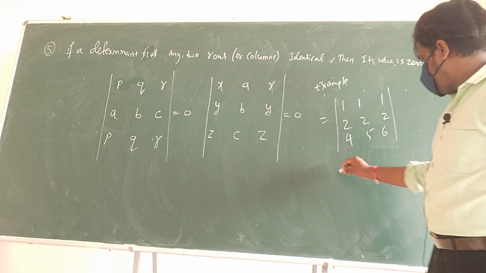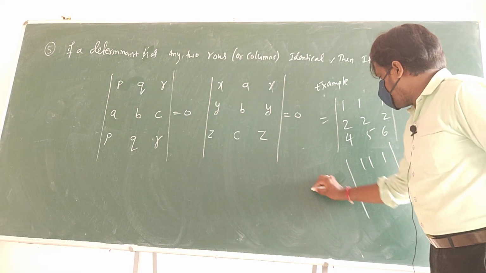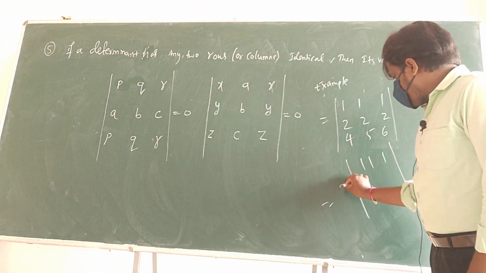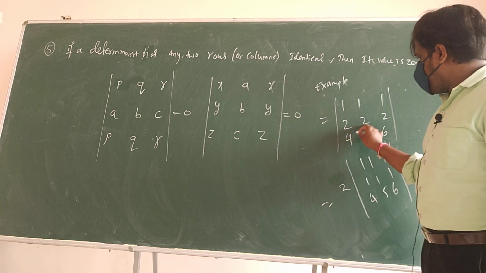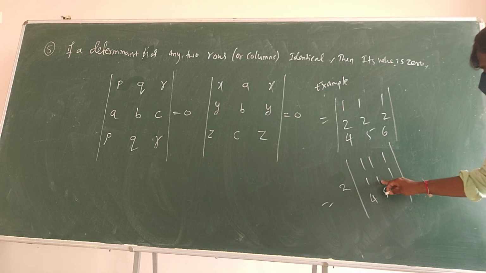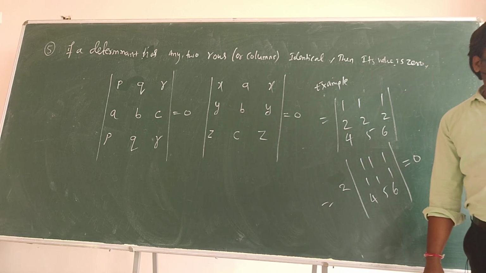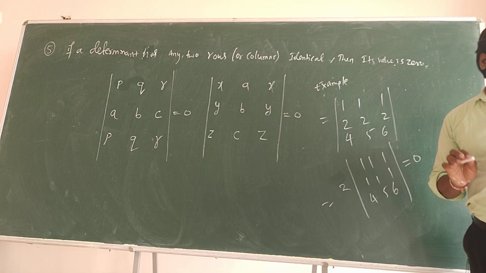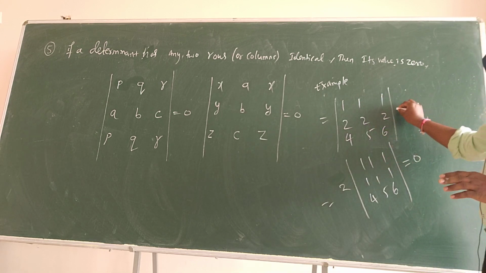How will I tell you? I can take 2 common out here. So if I take 2 common here, I get 1, 1, 1, 4, 5, 6. I'll tell you why I am taking it out in the next property. So when you get 2 rows or 2 columns identical, that value is 0. So remember one thing, if any 2 rows or any 2 columns of a determinant are identical, then the determinant value you get is 0. If you want, you can check it out.